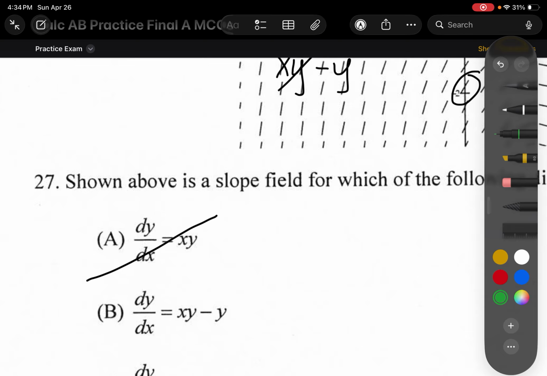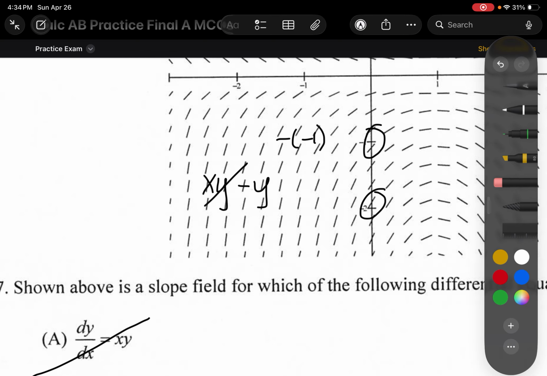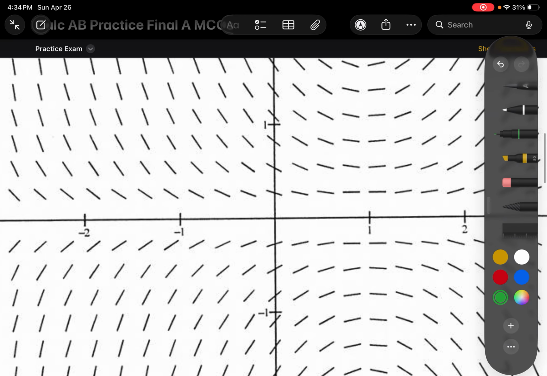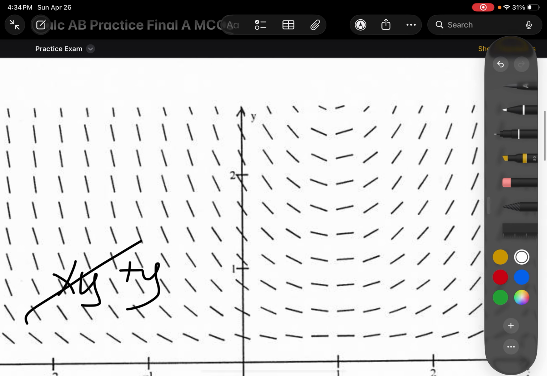Let's keep option B. Let's give it a star for now, and let's see if there's any better answers that we could find here. xy plus y. So let's look again above the x-axis. xy plus y. Remember that we can ignore this since we're at x equals 0.